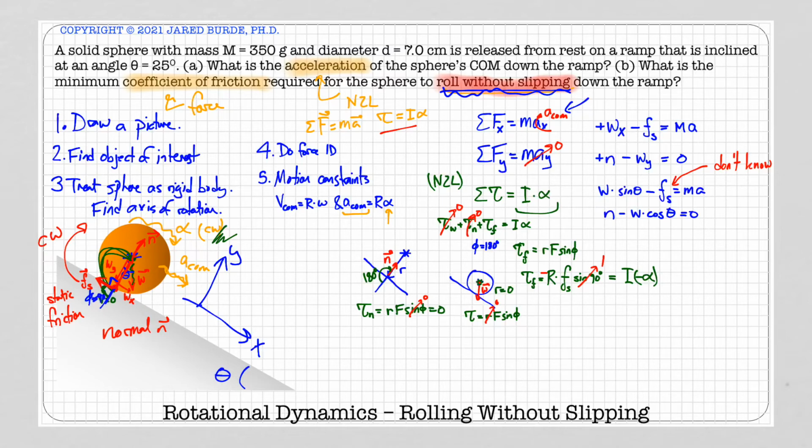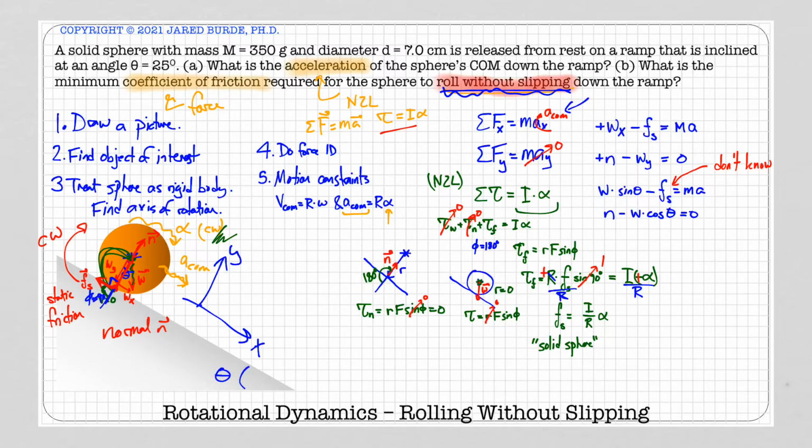What we can see here is that we can cancel out the negatives, and we can find our force of static friction is going to be I over R times alpha if we divide both sides by R. Also note that for a solid sphere, the moment of inertia is a fixed quantity.